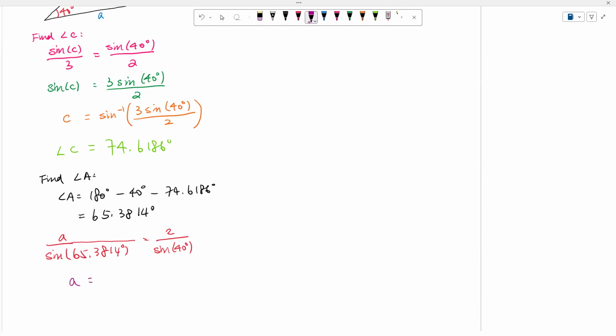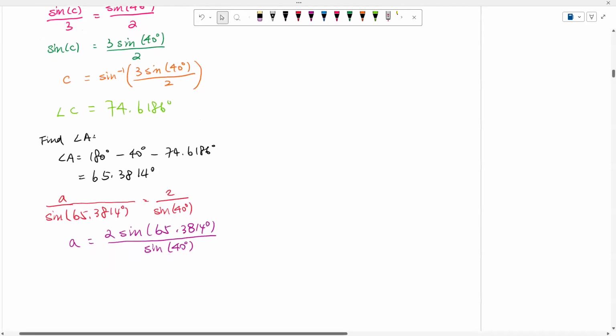Then I will have A equal to 2 times sine of 65.3814 degrees divided by sine of 40 degrees. And your answer is 2.828620.